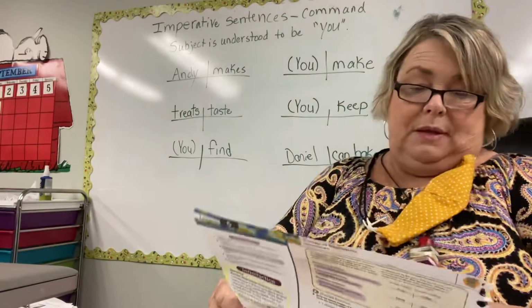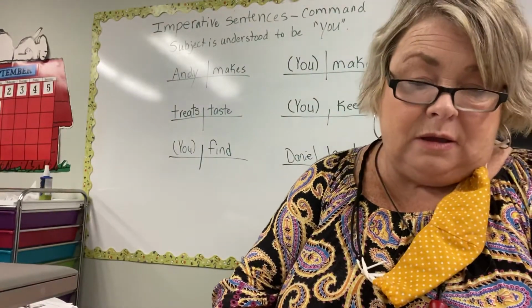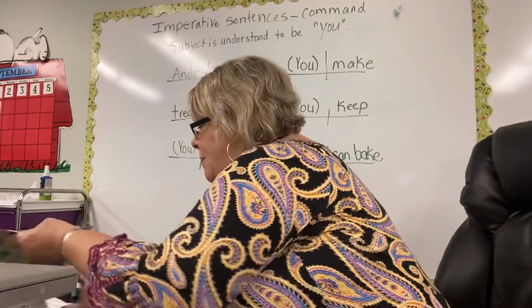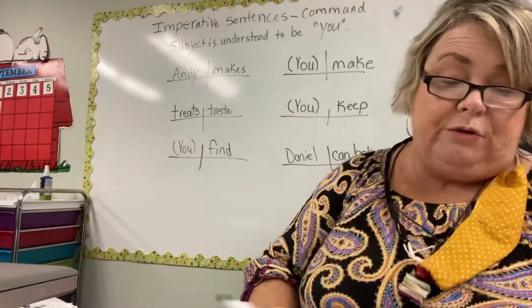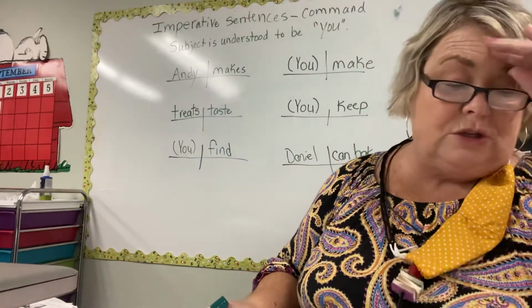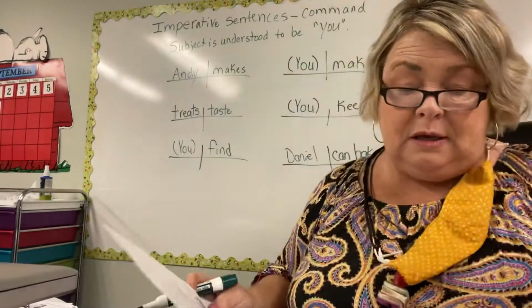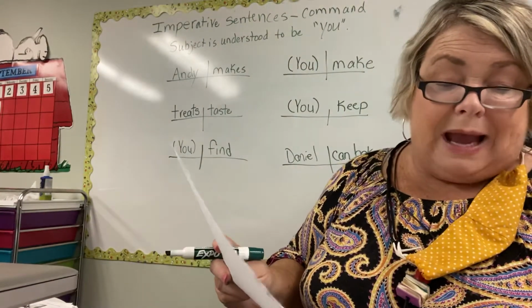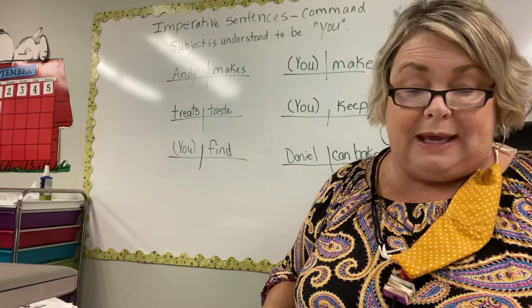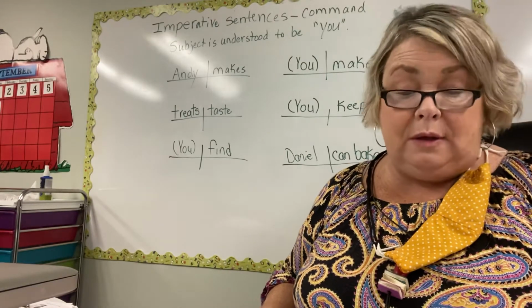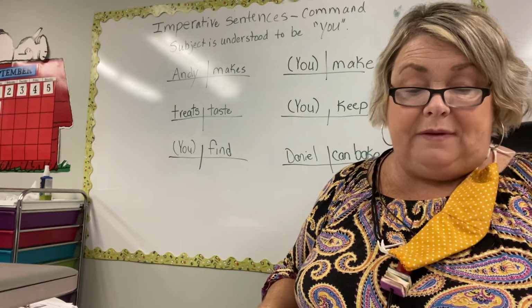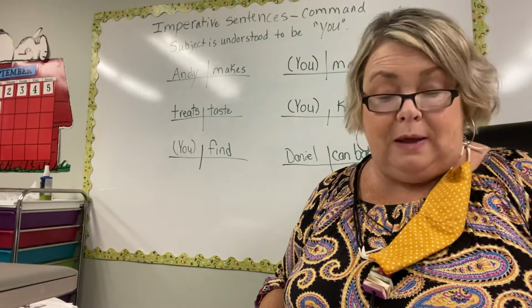All right. I want you to turn over to the back, and on page 10, you're going to do 1 through 5. Grab that page real quick. You're going to do just like we did on the front. You are going to write the subject on the blank, and the subject could be the word you in parentheses if it's understood to be you.